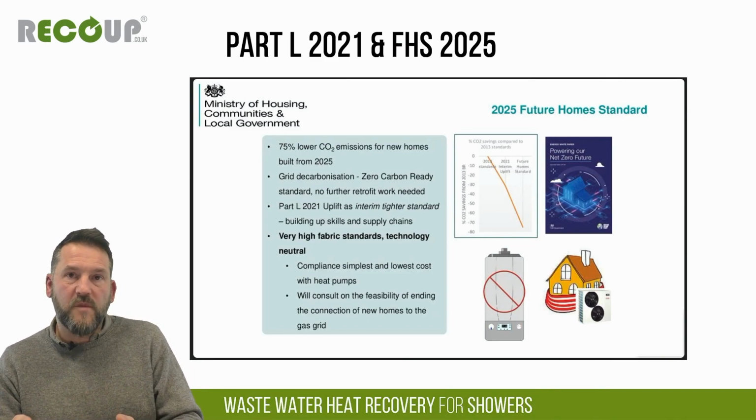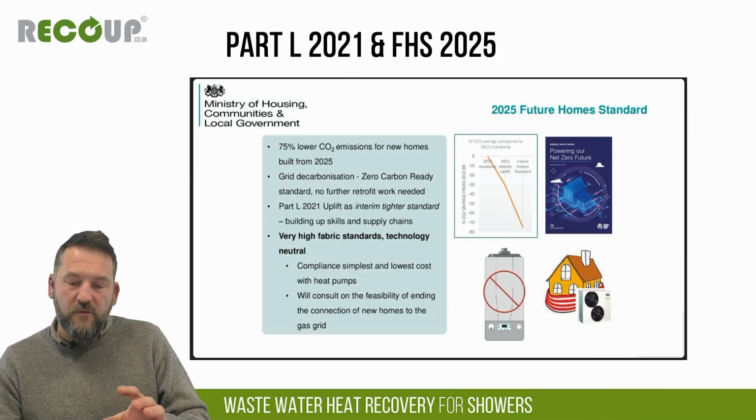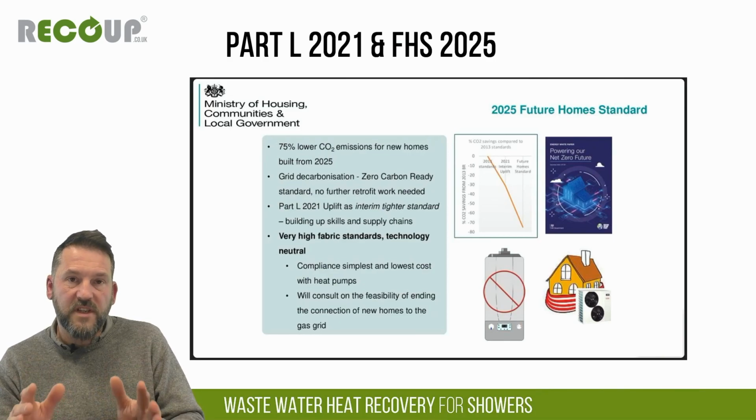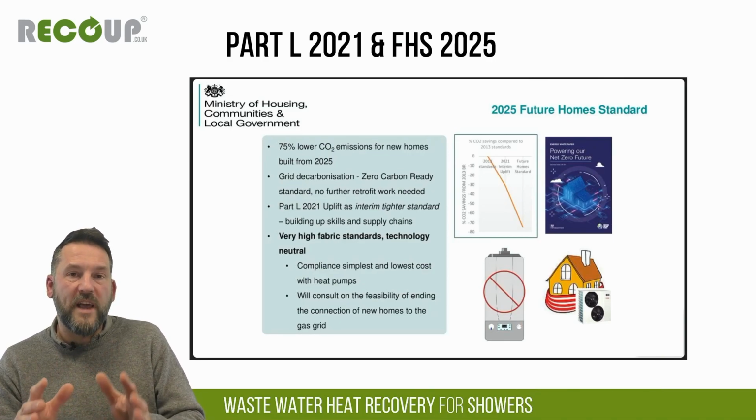So the Future Home Standard, which I'm sure you've probably heard of, the headline is that no gas boilers in new homes from 2025. The idea is to move all new homes built from 2025 onwards to all electric heating.